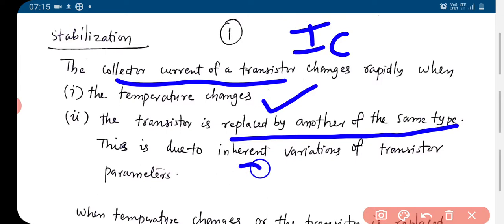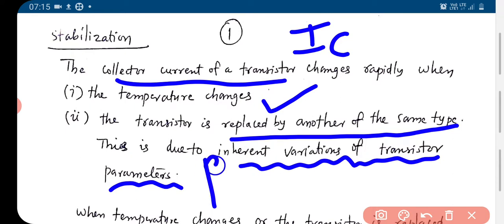This is due to the inherent variations of transistor parameters, mainly beta. The beta value varies from one transistor to another, even for transistors of the same type.